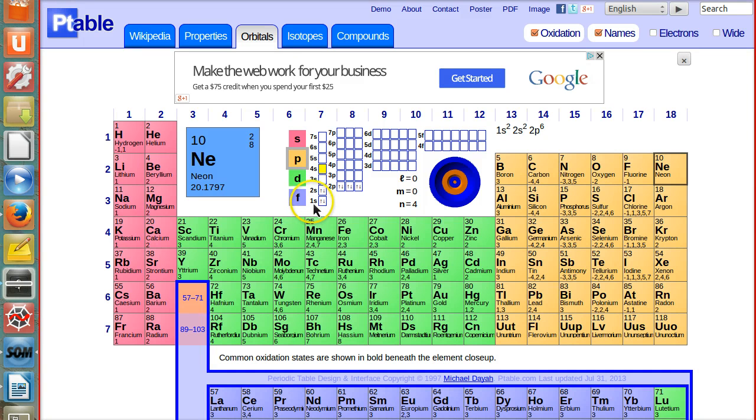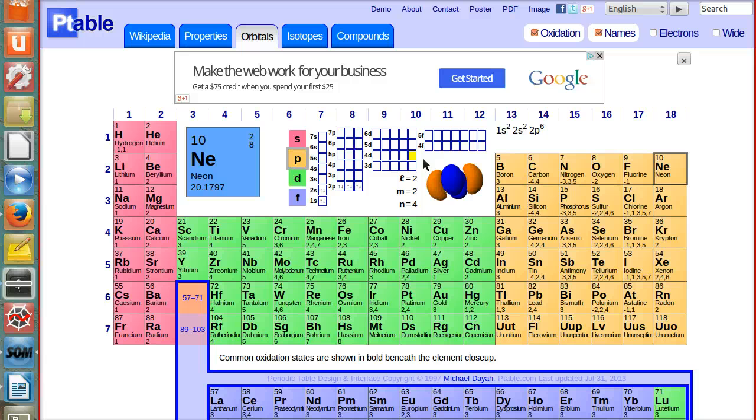So you'll notice here on this table that principal energy level 1 only has an S. In other words, there's no 1p over here. Principal energy level 2 has S and P, so there's 2s and there's 2p, but there's no 2d. Principal energy level 3 has 3s, 3p, and 3d, but no F.